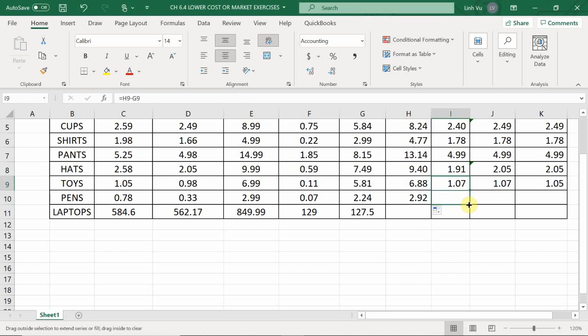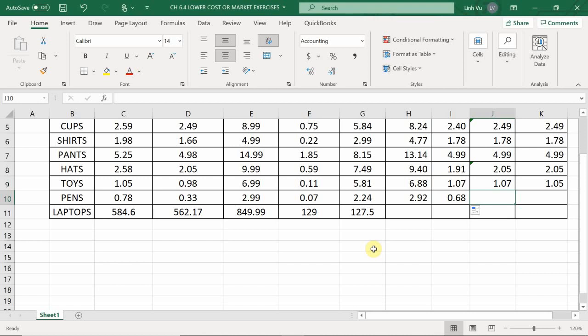What is going to be my floor? 0.68. 0.68. So let's compare my replacement of 33 cents, my floor of 68 cents, and my ceiling of $2.92.